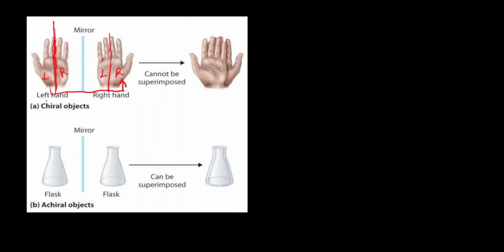So a mirror image of the left hand is the right hand. Because there is no symmetry, these 2, image and object, cannot be superimposed. So the left hand cannot be superimposed over the right hand because it's asymmetric.